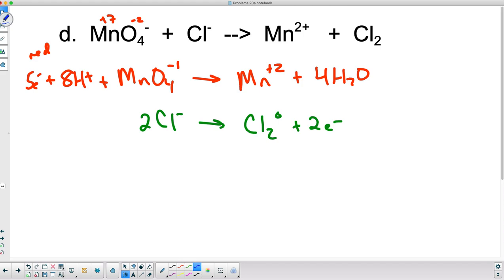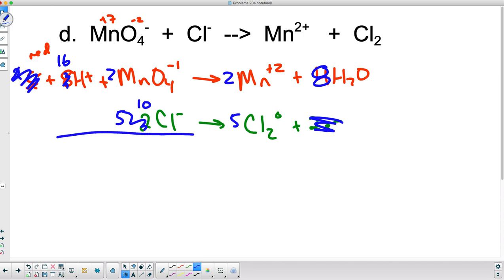So I multiply this whole thing here by 5, and I multiply this whole thing here by 2, which gets rid of the electrons. So this means 10 Cl minuses and 5 Cl2s. That means 16 here, 2 here, 2 here, and 8 here.